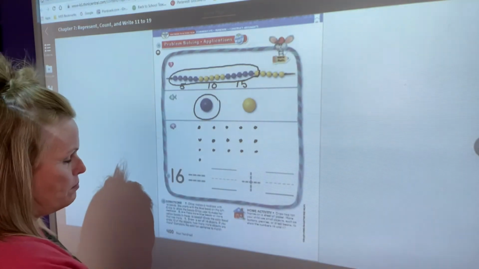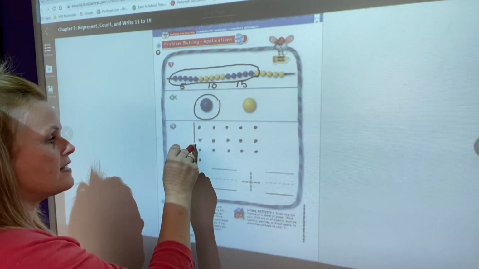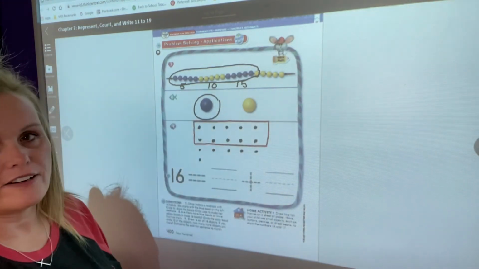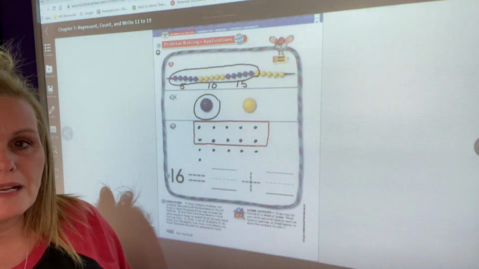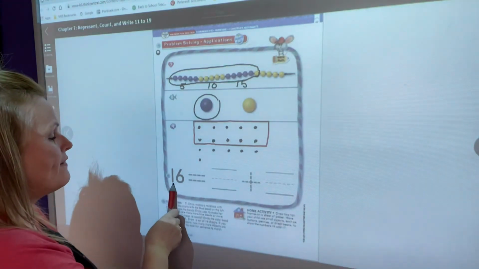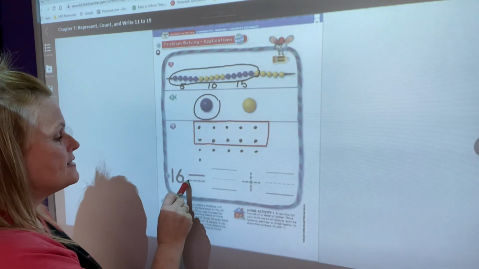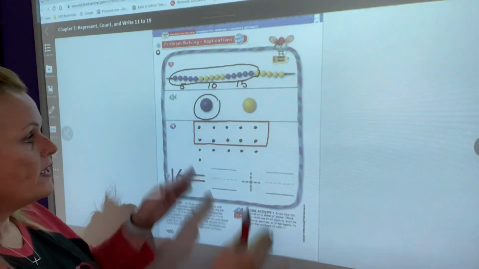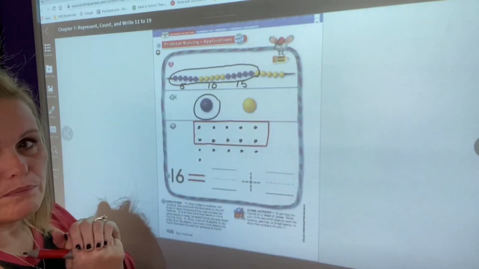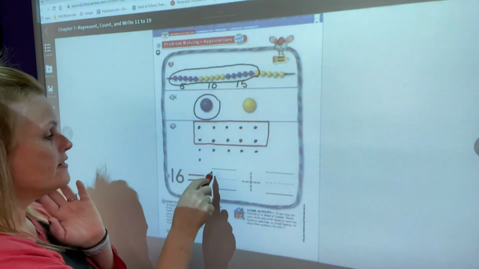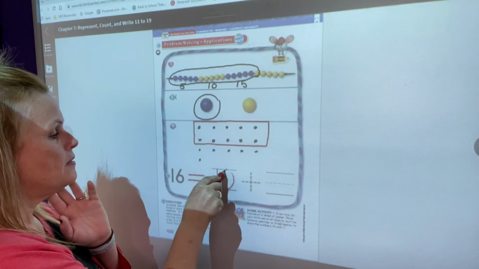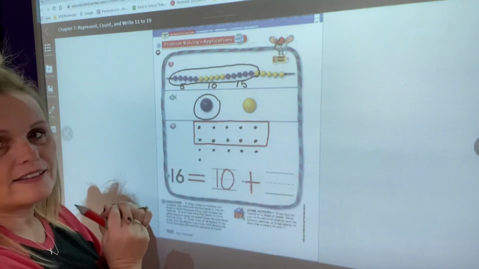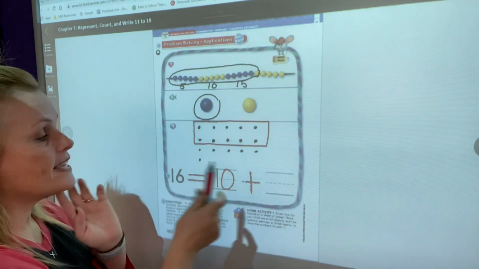I think it's important that if you see a set of 10, let's go ahead and group that set of 10 together. It'll help us when we're breaking it apart. So if we have the number 16, 16 is the same as or equal to how many ones are in that group? There are 10. Plus, how many are in this group or set? 6.